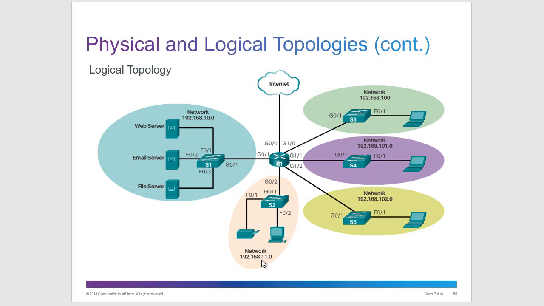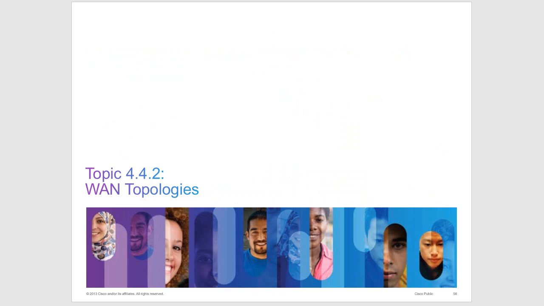You've got the 11.0 network, 102.0, and you have all your cabling listed here. Like I said, it shows you the way a network sends frames from one node to the next and labels all the ports and network addresses involved. All right, so that's what a logical topology does. As we move along, WAN topologies.